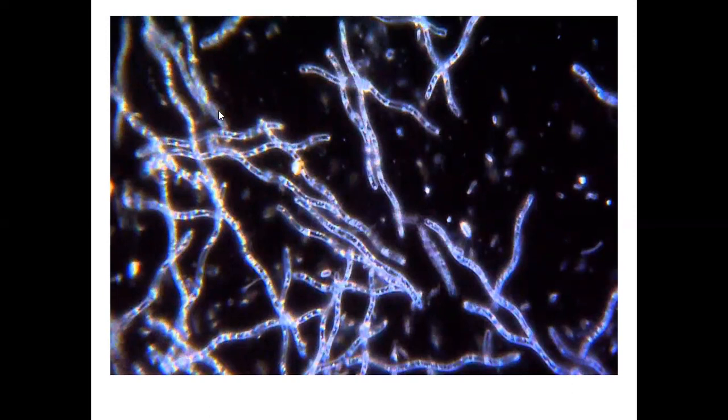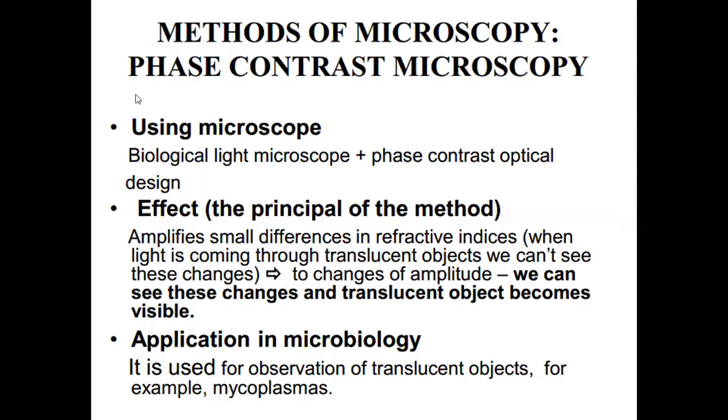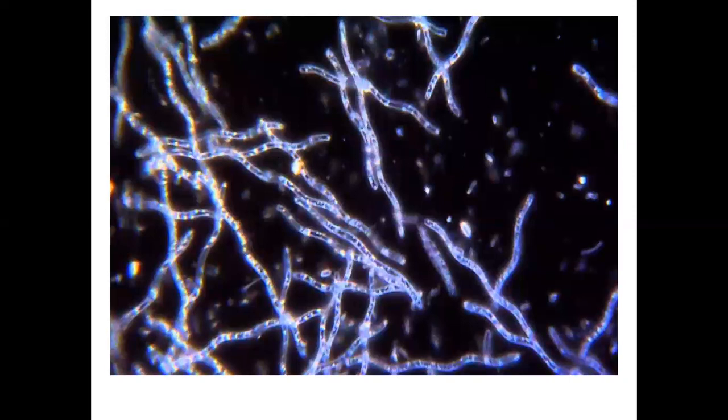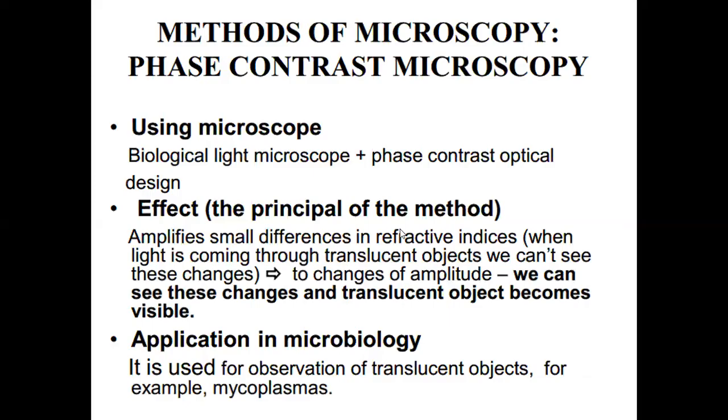On the dark field we can see objects like a shining object.